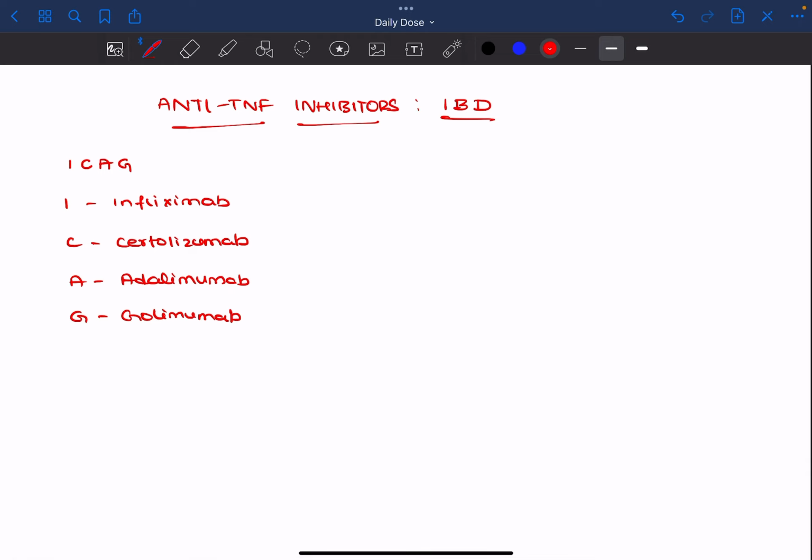This anti-TNF inhibitor will cause neutralization of the TNF which has been bound to macrophages, as well as the TNF which has been bound to activated T lymphocytes.